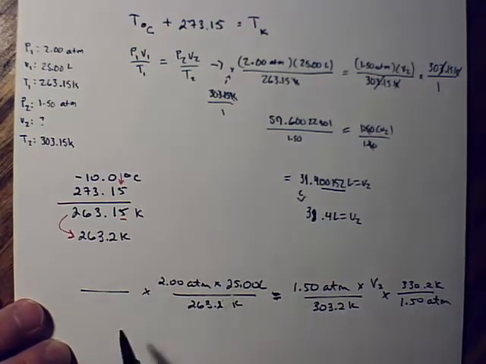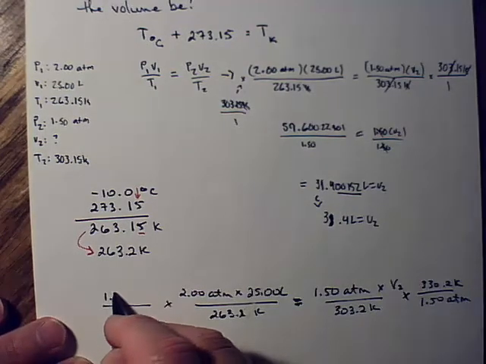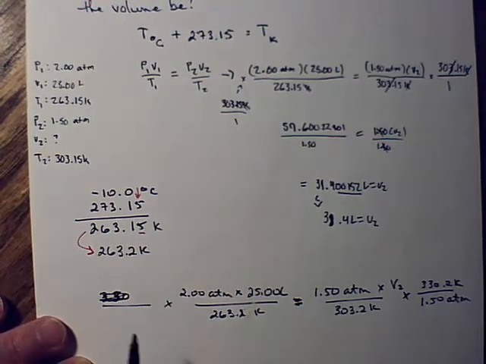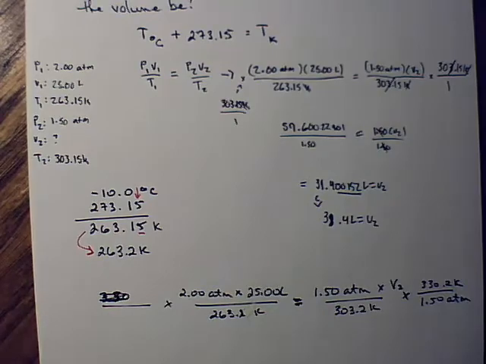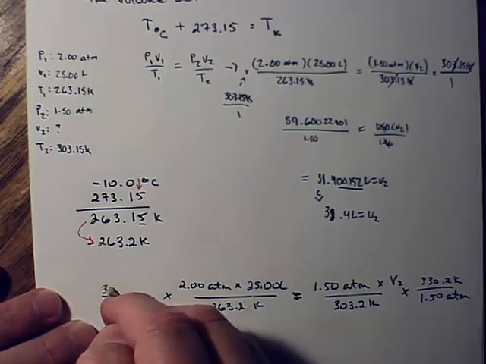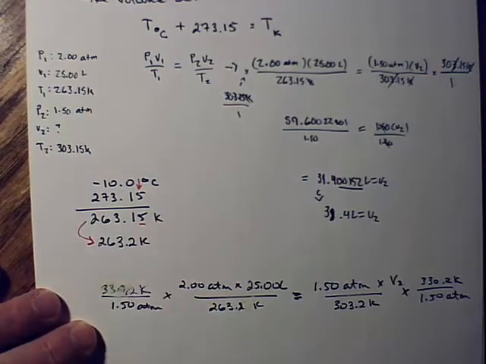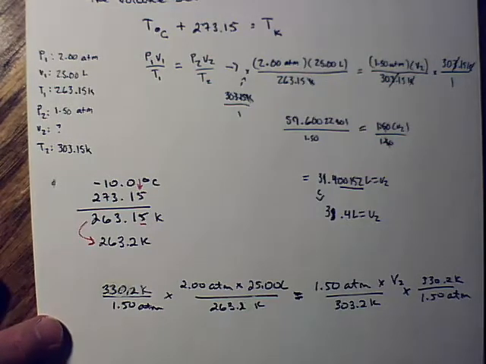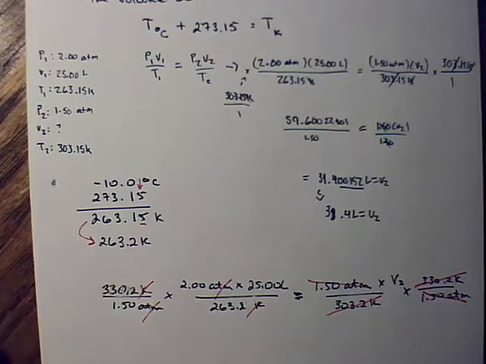And what you do to this side, you've got to do to this side. You cancel all at one time, which kind of speeds it up a bit. 1.50 cancels here, 303.2 cancels there, Kelvin cancels here, atmospheres cancels there, and you just put it in the calculator.